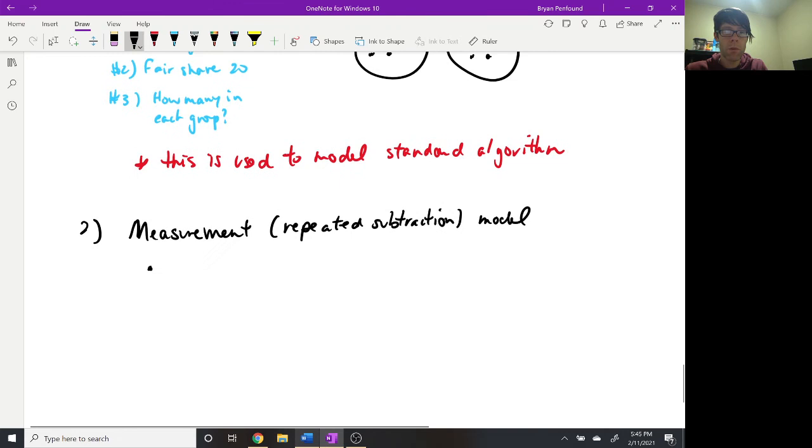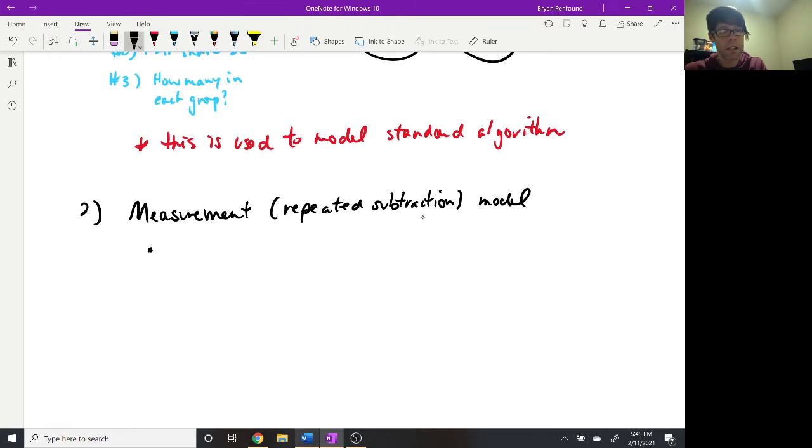In this model, we're going to model the dividend. And we view the divisor as how many things we have to keep subtracting until we can't subtract anymore.